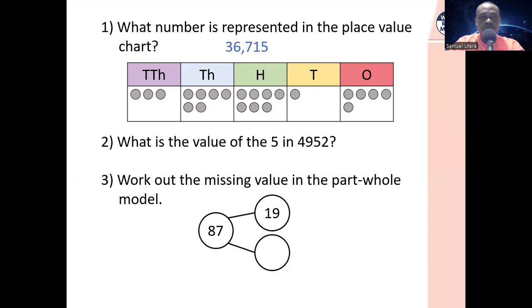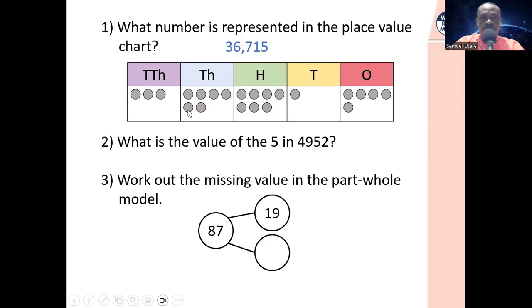Question one asks, what number is represented in the place value chart? Some of you may still remember the place value chart from primary school or SATs. Here we have the ones, in some places called units. You have the tens, the hundreds, the thousands, and the ten thousands.